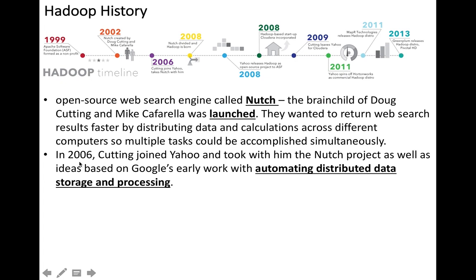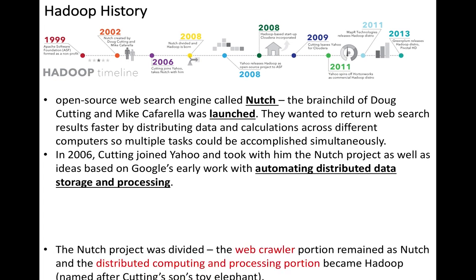But then in 2006, Cutting joined Yahoo and took the large project with him. They also tried to bring in the idea from Google's own work about automating distributed data storage and processing.